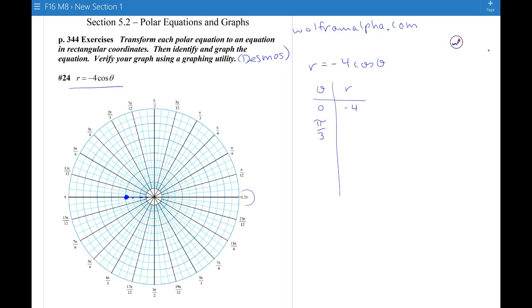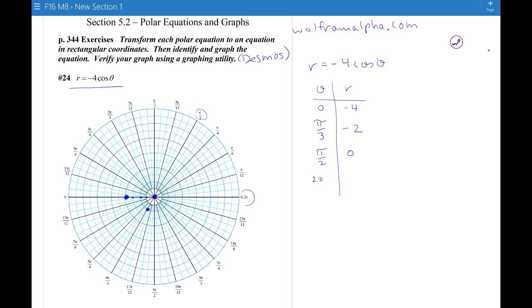So when theta is pi over 3, the cosine's a half, so r is going to be negative 2. So I'm at an angle pi over 3, and r is going to be negative 2. Okay, then pi over 2, r is 0. So we know the pole is a point on this graph.